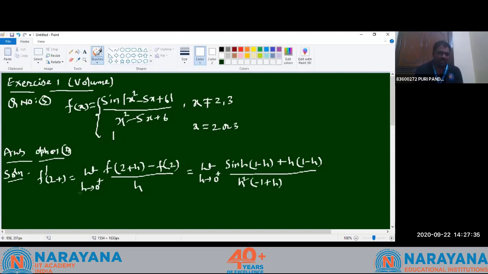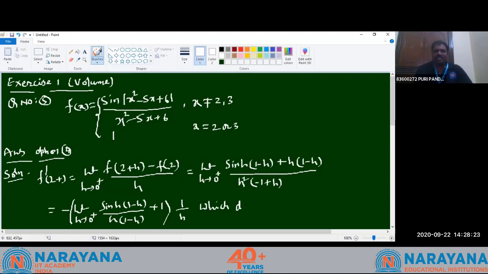That means taking minus as common, we get minus of limit h tends to 0 plus of bracket, sine of h into 1 minus h by h into 1 minus h, plus 1, into 1 by h, which does not exist. So here it does not exist.